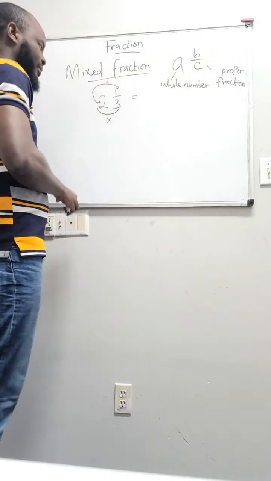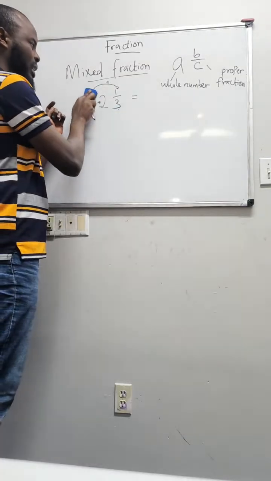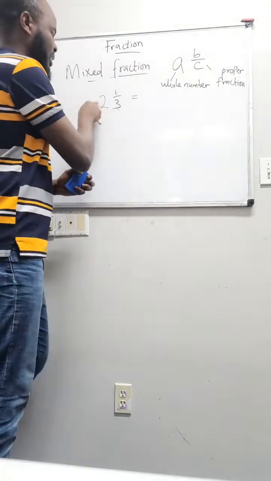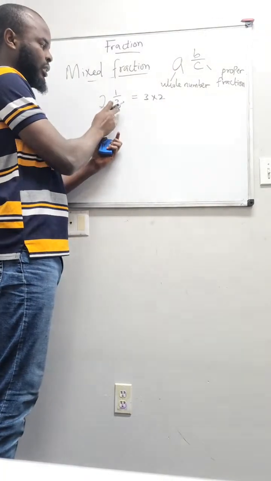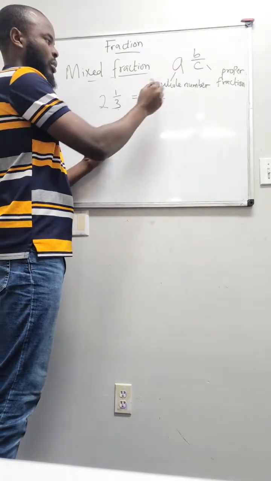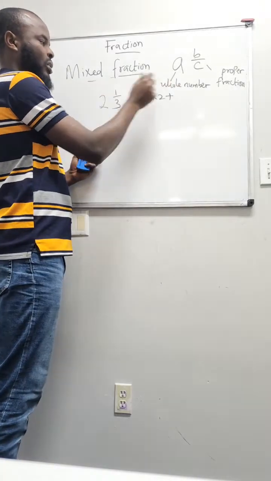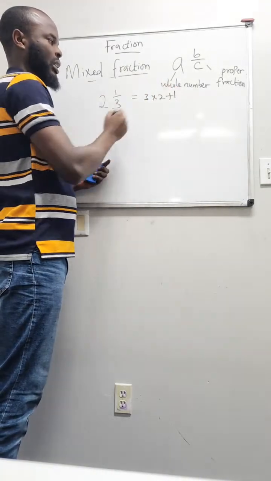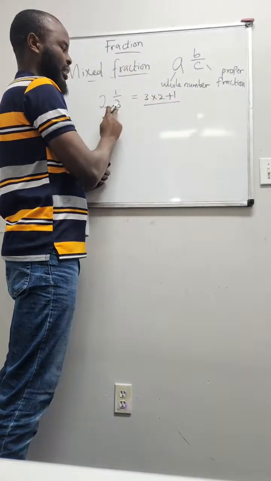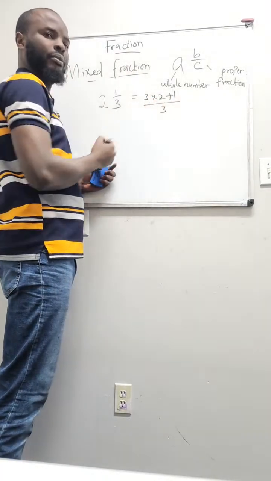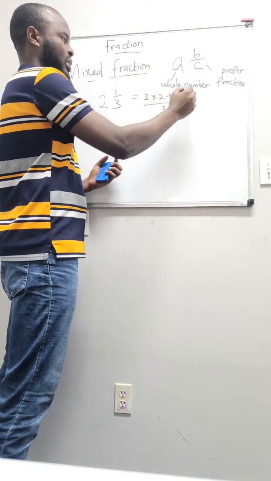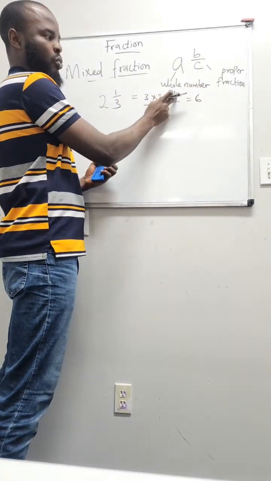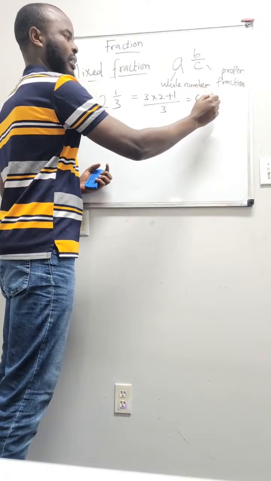What do I mean? Now let's do this together. Here we have 3 times 2. 3 multiplying 2 plus the numerator, which is 1. And you divide the answer by 3. So here we have 3 times 2, which is 6 plus 1 over 3.